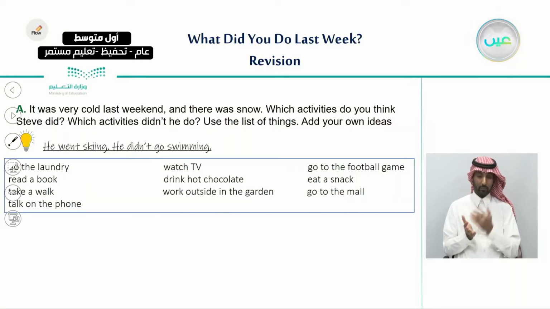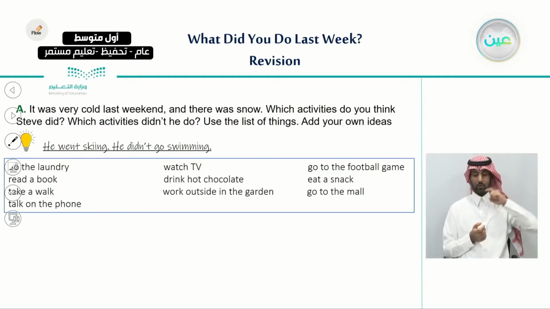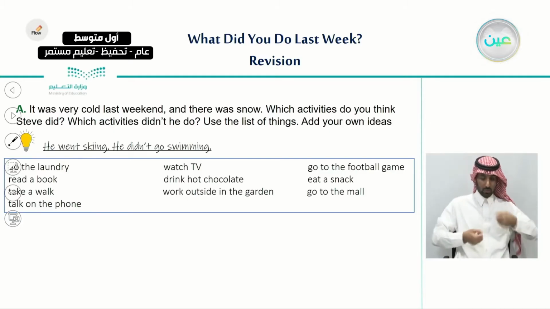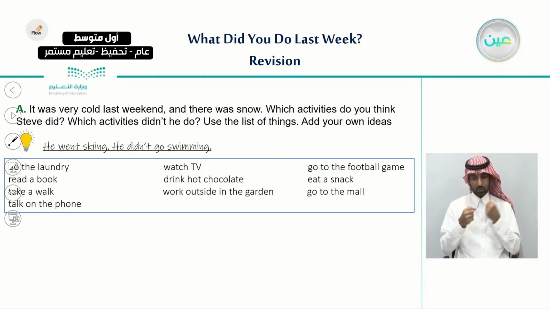And we also answered a couple of interesting exercises. Here we have a scenario of Steve who went to the snow. It was a very cold weekend for him, and here we have a list of activities, and we learned how to change these activities into the past.